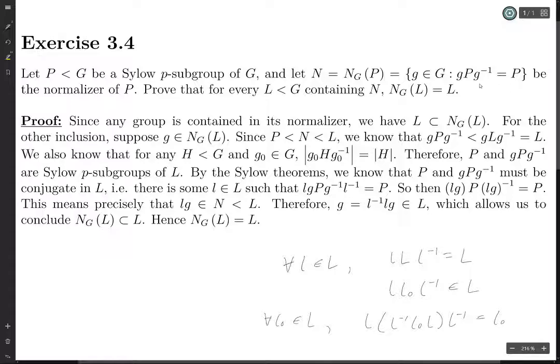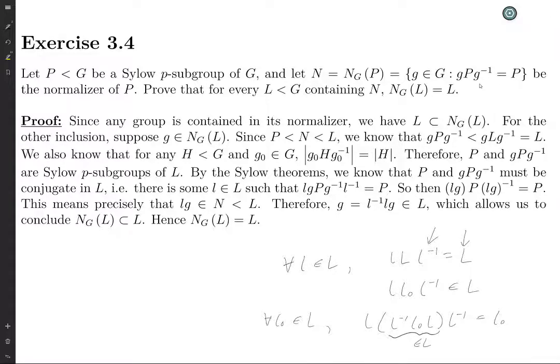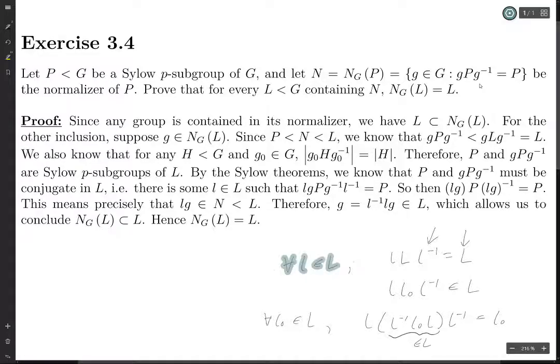And of course this thing is in capital L because you're just multiplying together two elements of L. And so anything that's in here is going to be in here. And so we have equality by inclusion, and therefore any group is contained in its normalizer. Alright, so now that we're done with that tangent, we want to do the other inclusion. Let's erase all of this.